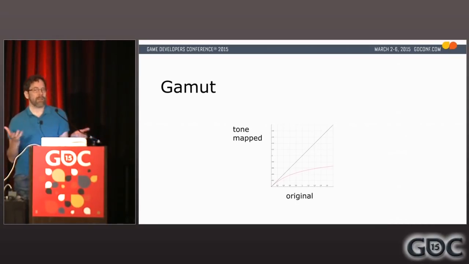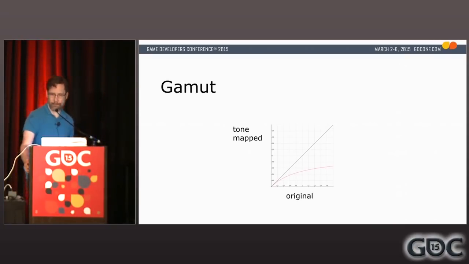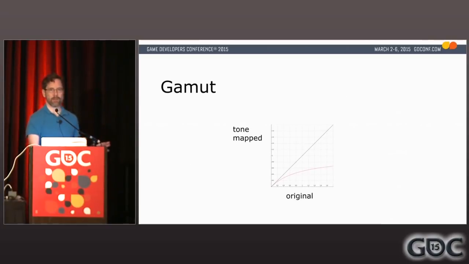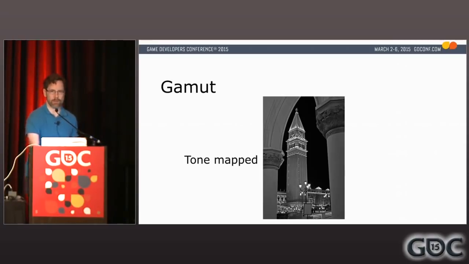And then you still might have values that are out of range, so then you apply this curve here to get them all into range. And this is effectively like a virtual iris. So the dimmer your scene is, it'll emphasize the dimmer values, and the brighter the scene is, it'll emphasize the brighter values. And so with my image, I end up with a tone mapped image like this.